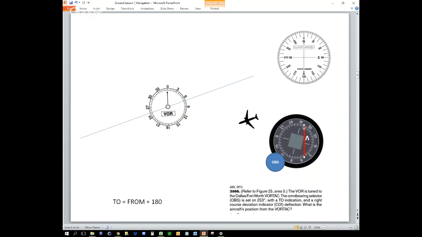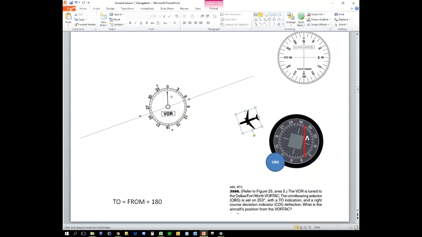And so basically, if my airplane's down here, this is a good exercise. Let's draw another line. So my airplane's down here, which means I'm flying on the 100 radial.